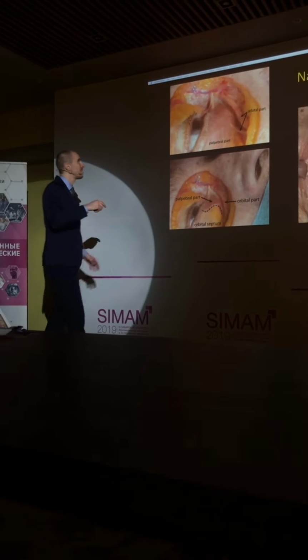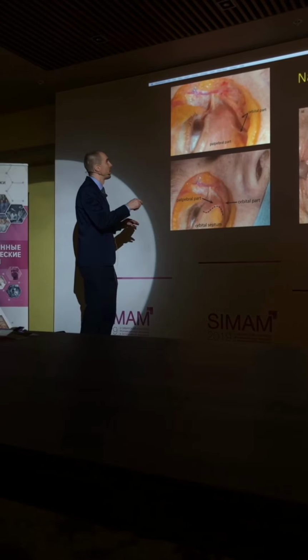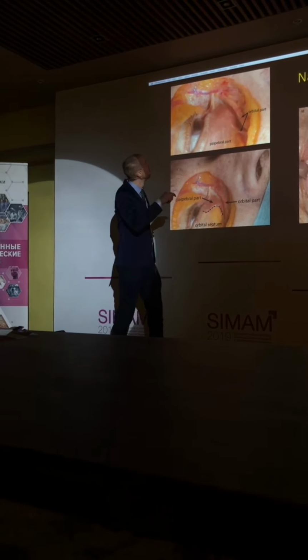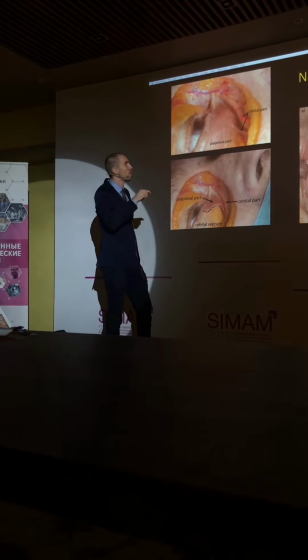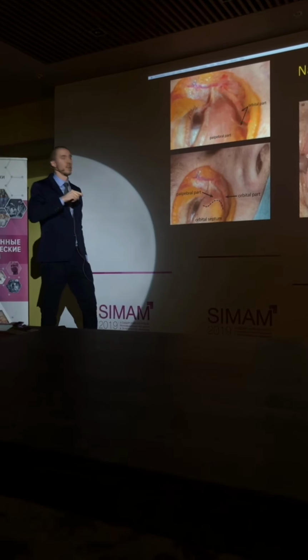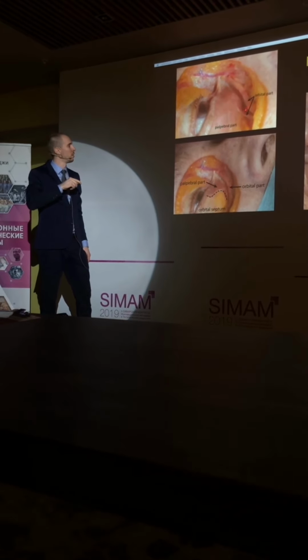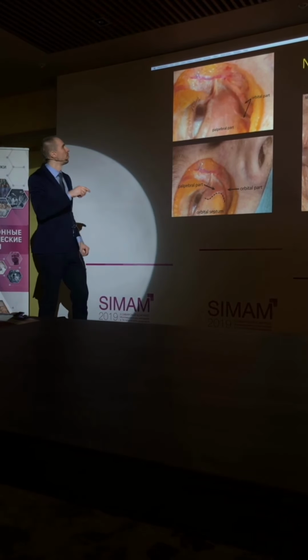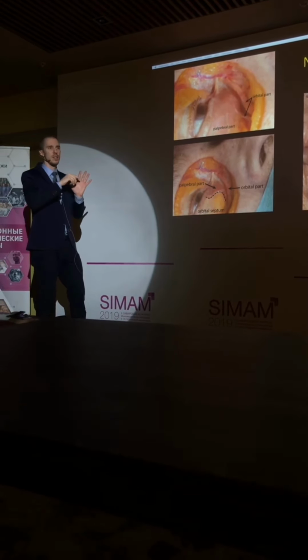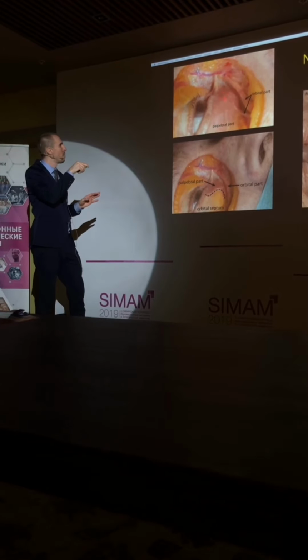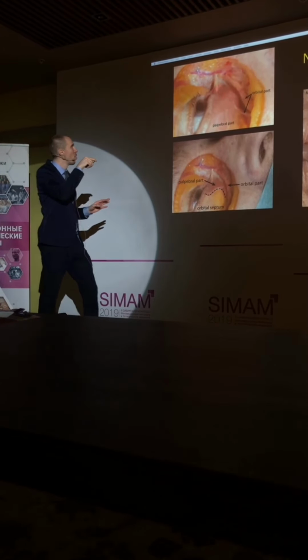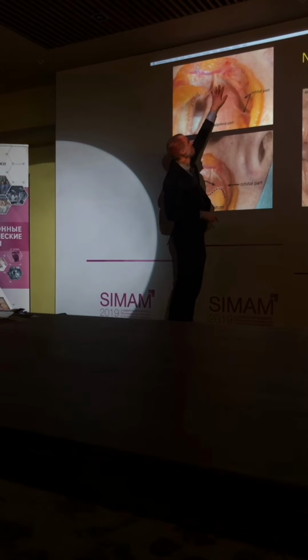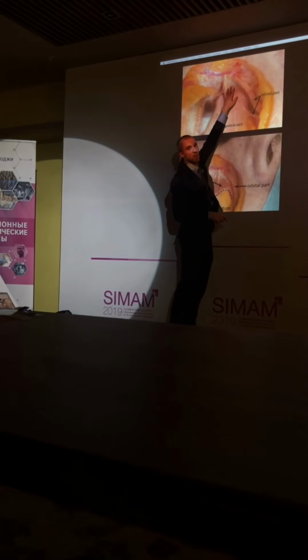Okay, so let's see again what I tried to explain. These are orbicularis oculi fibers here. I separated these fibers, and you can see that the palpebral portion comes from the orbital ring.